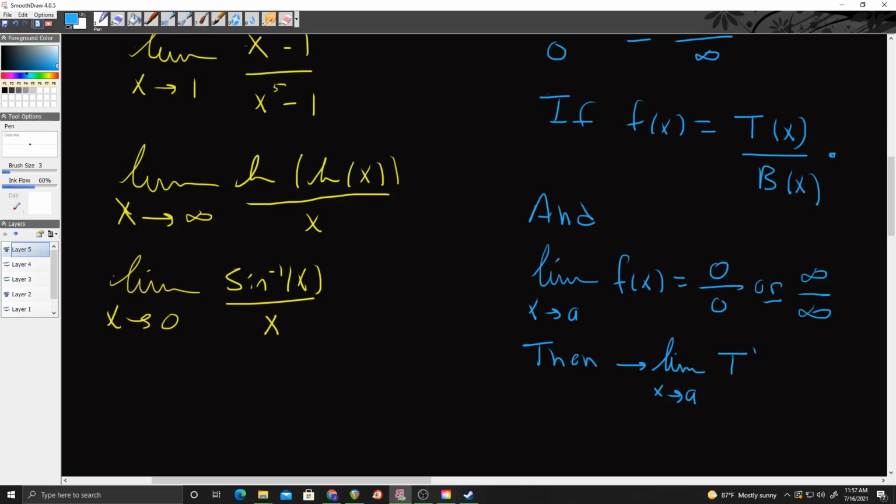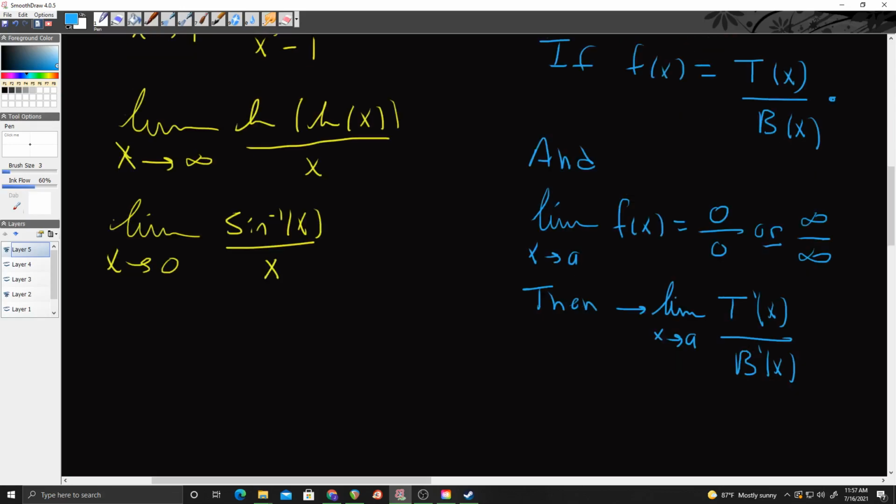We take the derivative of the top, we take the derivative of the bottom. In other words, we compare the rate at which the top and bottom are growing or shrinking.